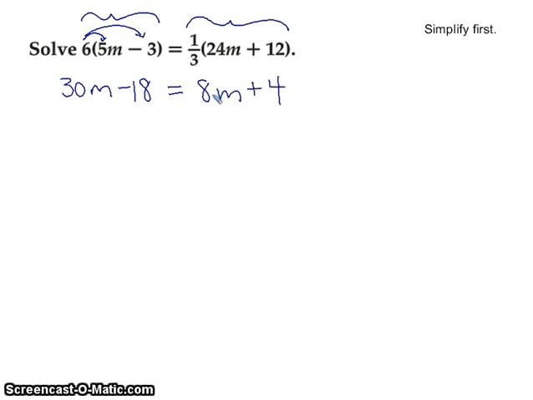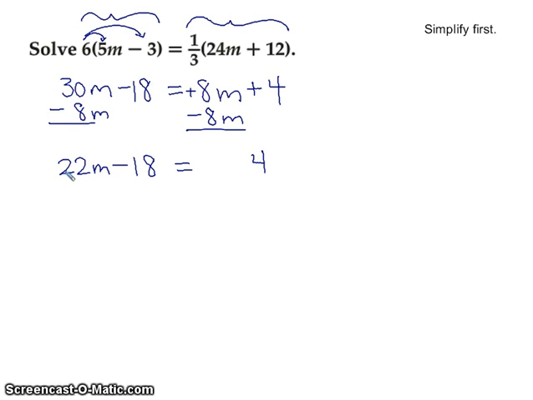So let's look at our variable terms. Remember, there's an implied positive here, so the opposite of that is subtracting 8m from both sides. So 22m minus 18 is equal to 4. And then think about the construction of this equation. First, you multiplied 22 by m and then subtracted 18.